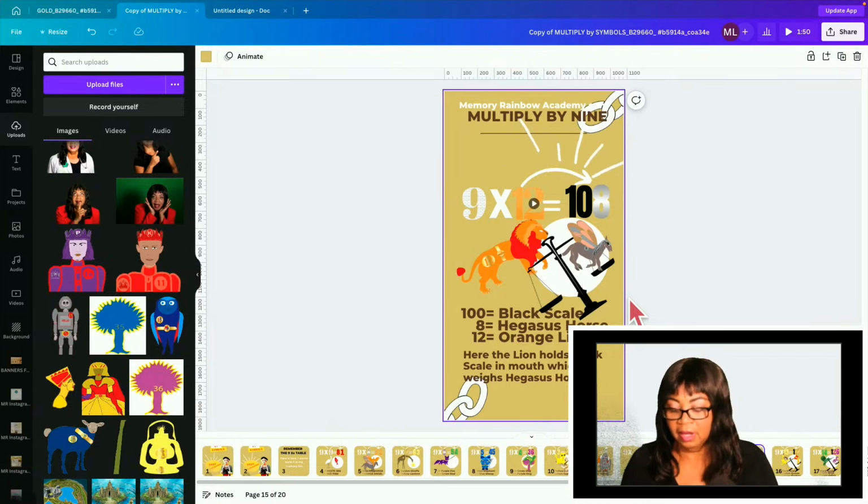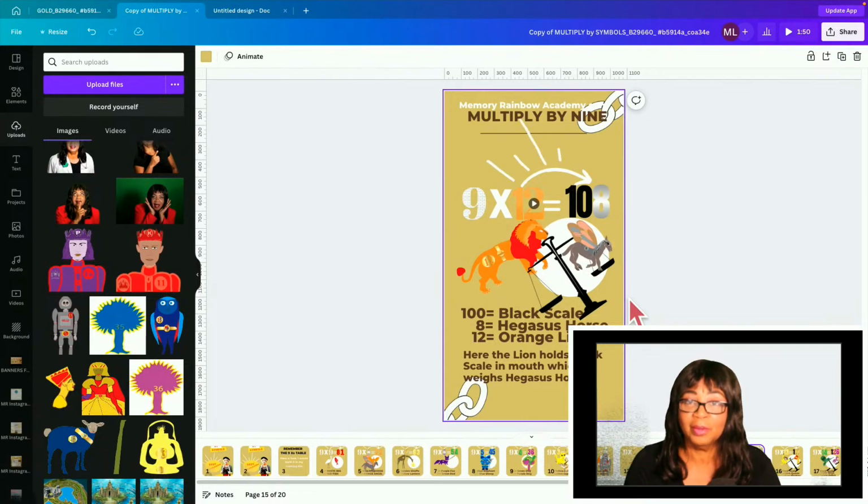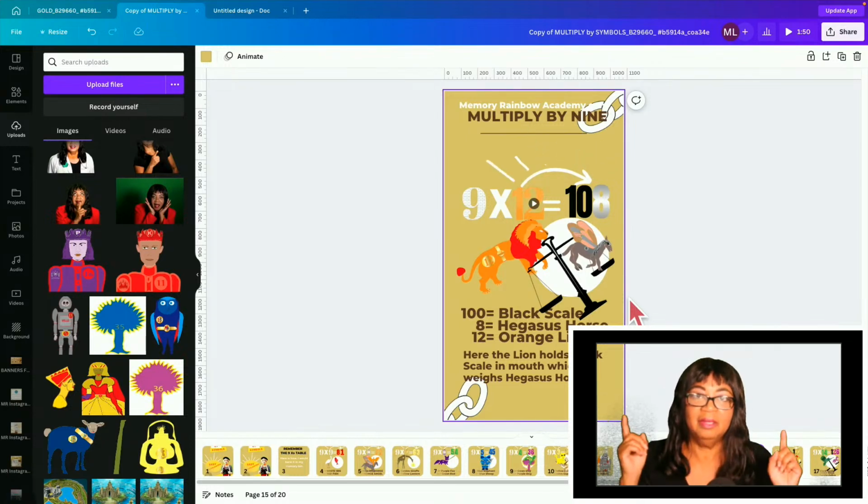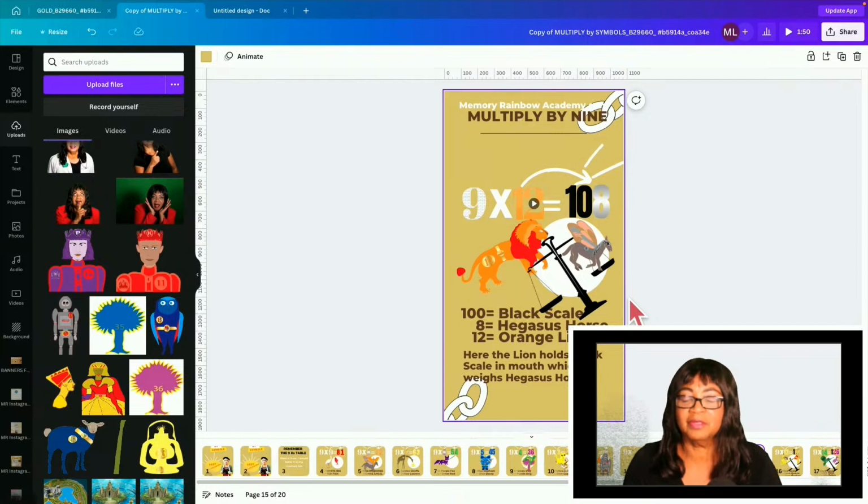So it's a very odd scene, but honestly, the weirder, the quirkier the image, the composition, the more your brain loves it, the more your brain holds on to it. You're going to remember your 9 times table a lot easier using this system than the older system of just trying to rote memorize everything.